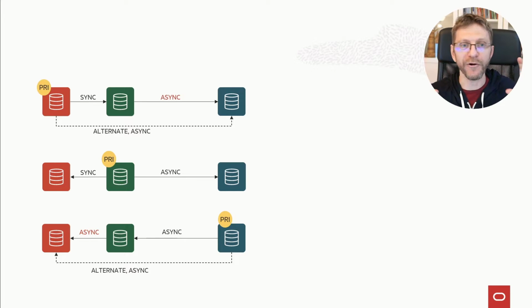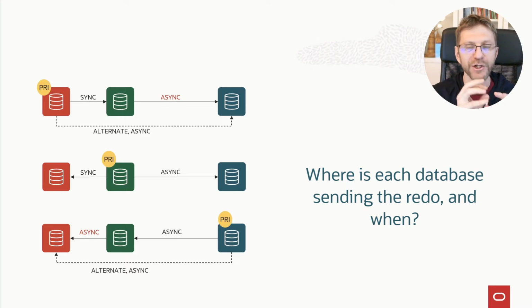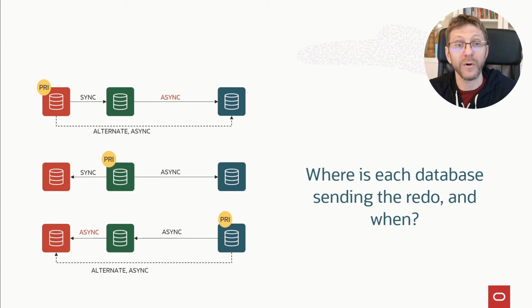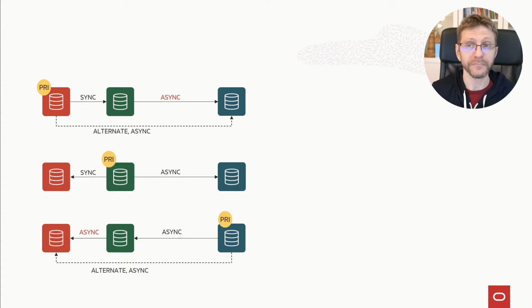Okay, so those are the three topologies that I have when the three databases become the primary. And I need to think now, for each database, where each database is sending the redo, according to what's the current primary.